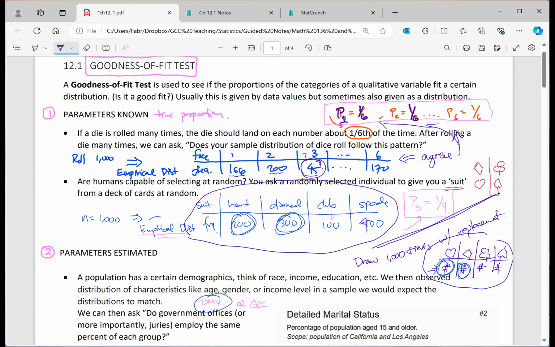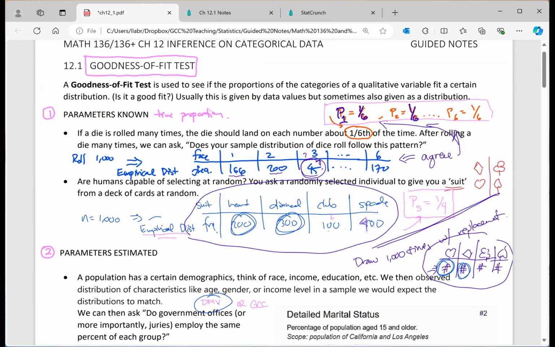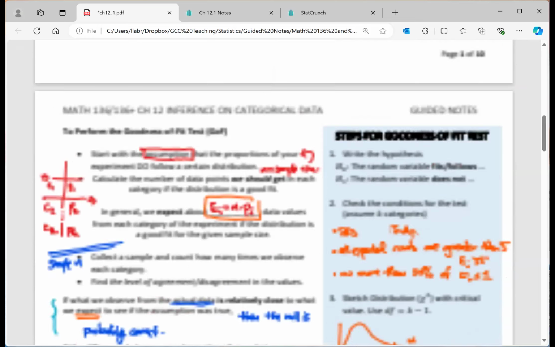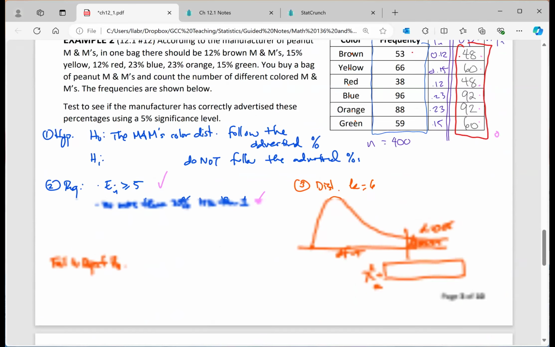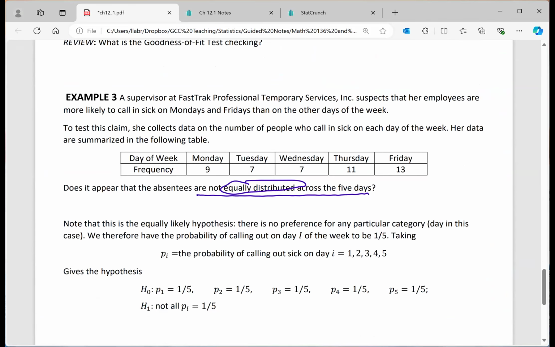Or when I was asked to select a suit in a deck of cards, the probability of success for any category is 1 out of 4 because there are 4 suits. Here, if we're assuming that the absences are uniformly distributed, equally distributed, then the probability of somebody calling out on Monday, Tuesday, Wednesday, Thursday, Friday should be equal. This is going to happen a lot whenever you guys see that.